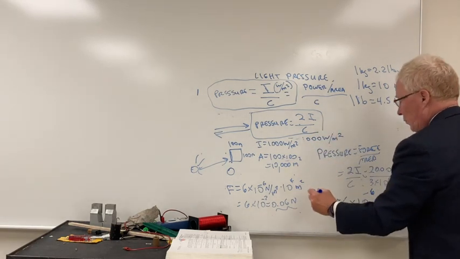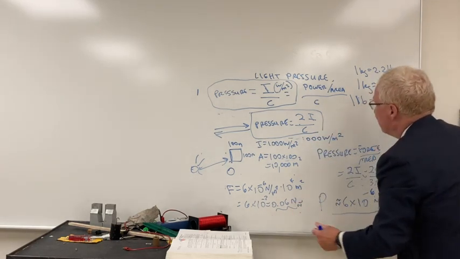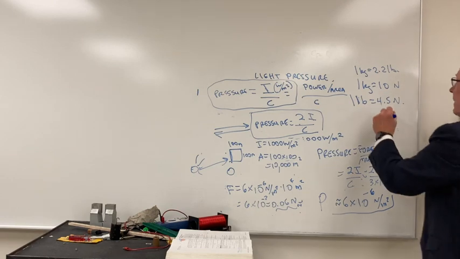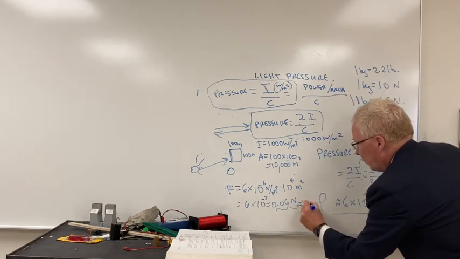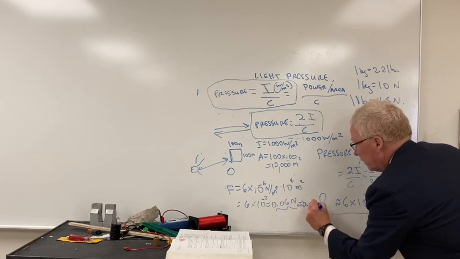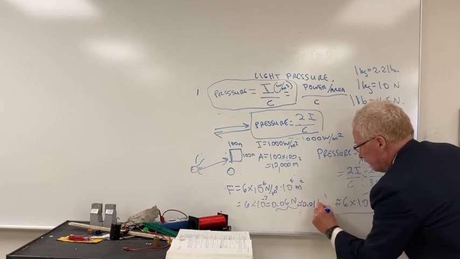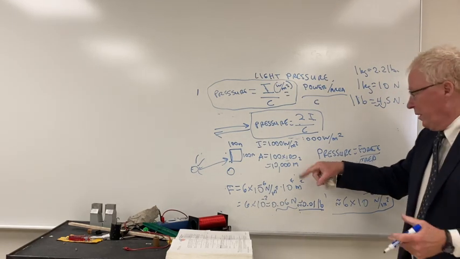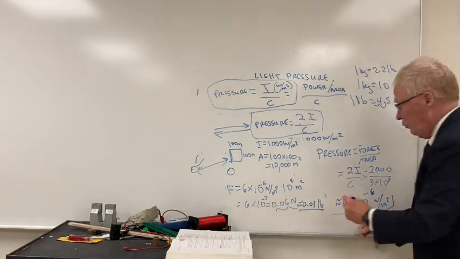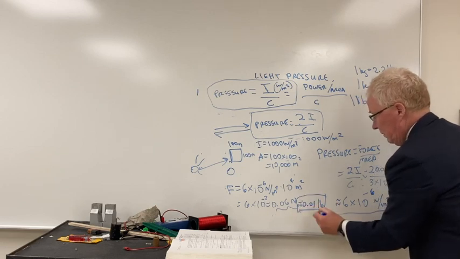So just move it over 2 decimal places. This is about 1/100 of a pound. So that's a very tiny force. The sun's force on a square, 100 by 100 meters, would be this kind of force. Very small.